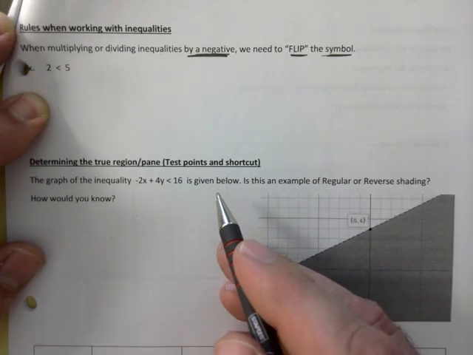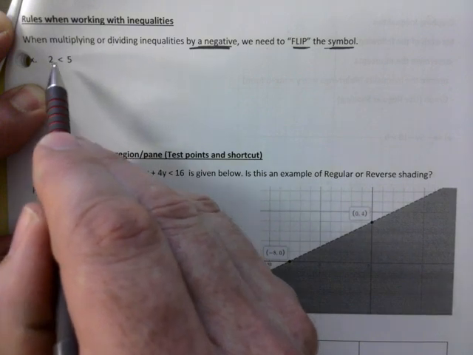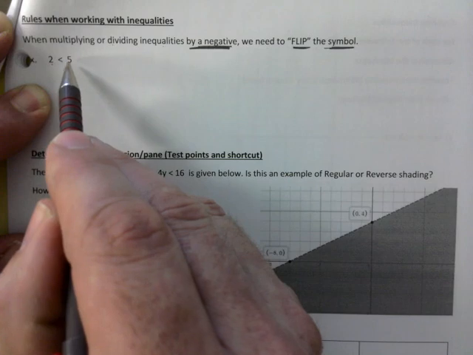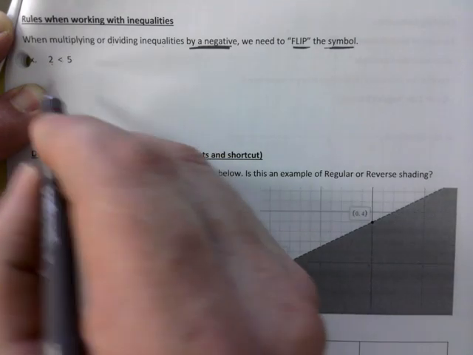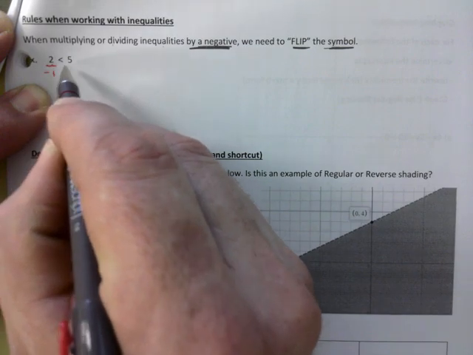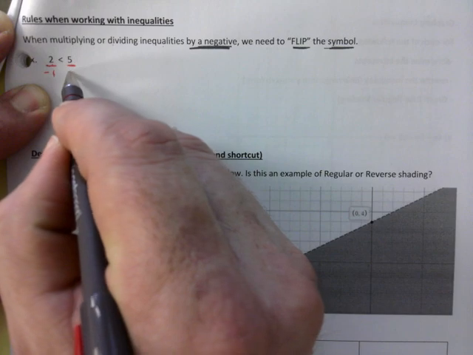So here's an example. Let's say 2 and 5. You would agree that 2 is less than 5, right? That's how you read it. 2 is less than 5. That's a true statement. Let's say, because we can do the same thing to both sides, just like an equation, you can do that with inequalities. Let's say we divide both sides by -1.